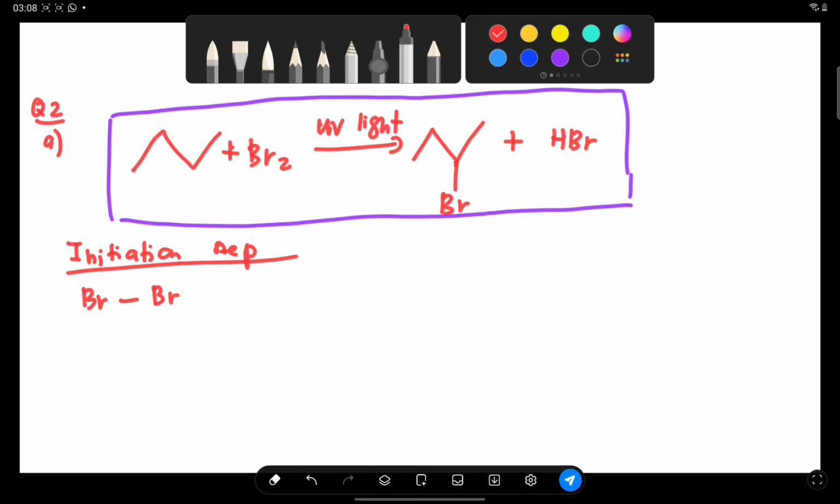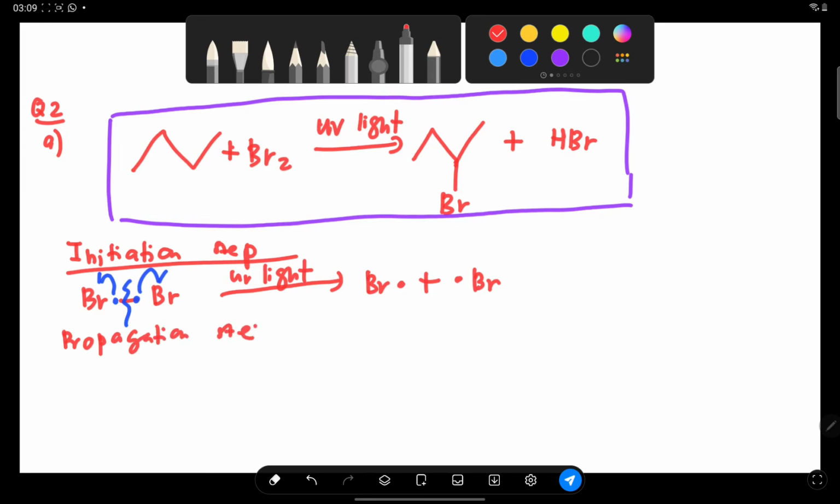UV light will break the bromine molecule homolytically. One electron goes here and one electron goes here. So you put UV light, and the answer is Br dot, which represents a radical, and another Br dot.